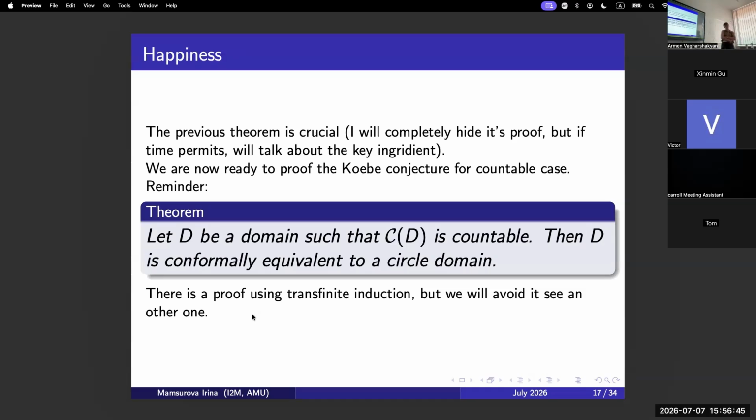In particular, it doesn't apply to all countable sets, because one consequence of this extended theorem is that non-point boundary components have to go to non-point boundary components and vice versa.